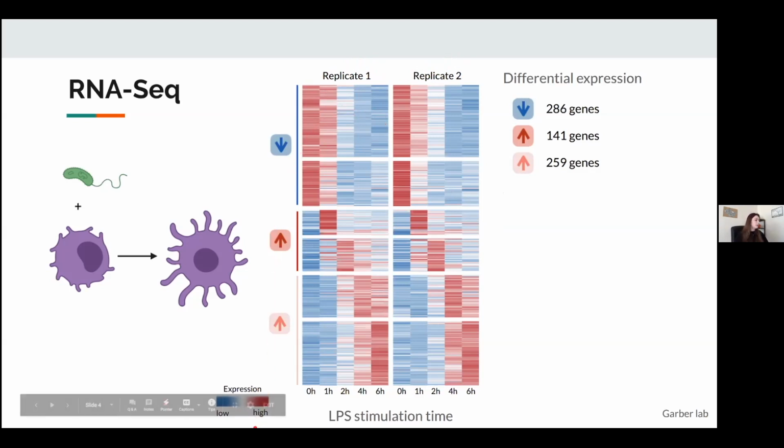The red color you see here marks high expression of these genes. And the blue color marks downregulation of these genes in a given time point.